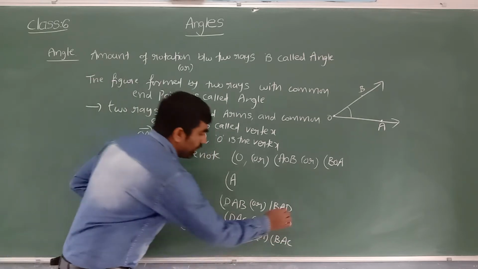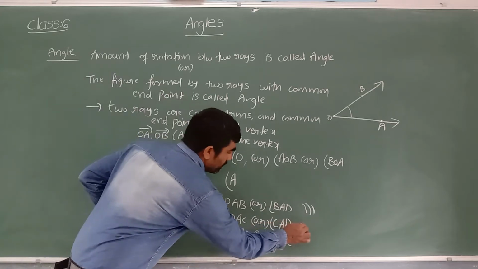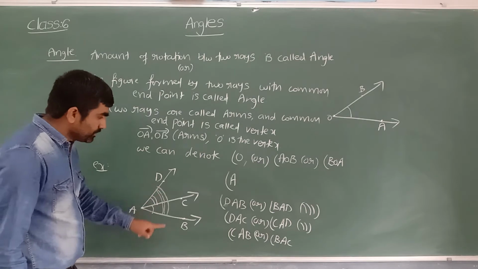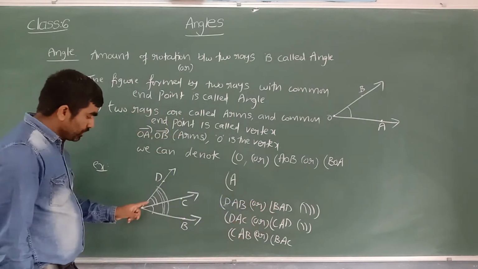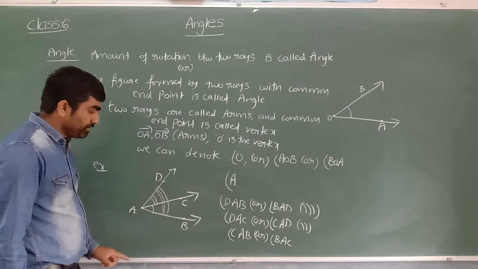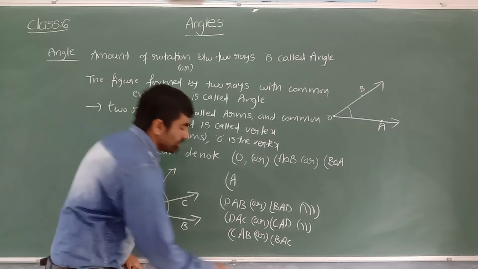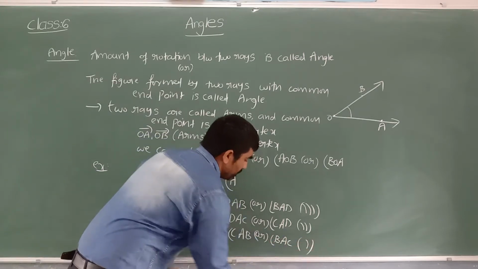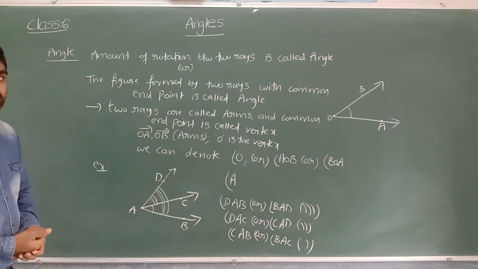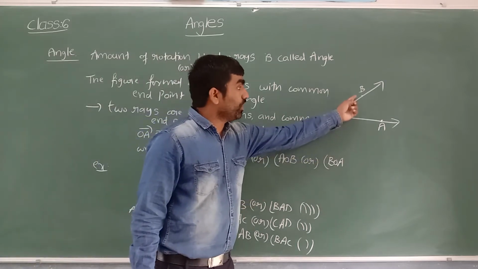This one is like taking three lines, the whole angle. Remember this. This symbol I am giving is better. To represent the whole angle there are two ways. To represent only this part of the angle, we can write DAC or CAD. To represent only this angle, we can write CAB or BAC. Just like giving some hint. Hope it is clear what an angle is and how the rays are called arms.